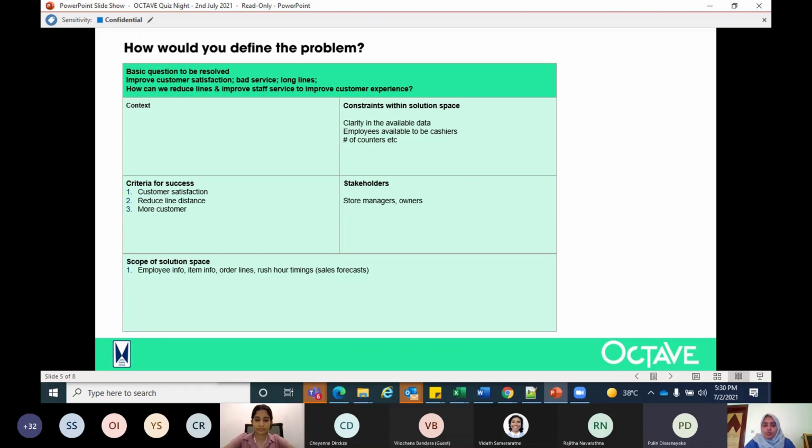So we have a constraint in the number of employees at the cashier and the number of counters as well, because they are equipped with tech PCs and stuff to do the cashier work. And the stakeholders are the store managers and owners, like the main stakeholders, and I think there are customers as well.